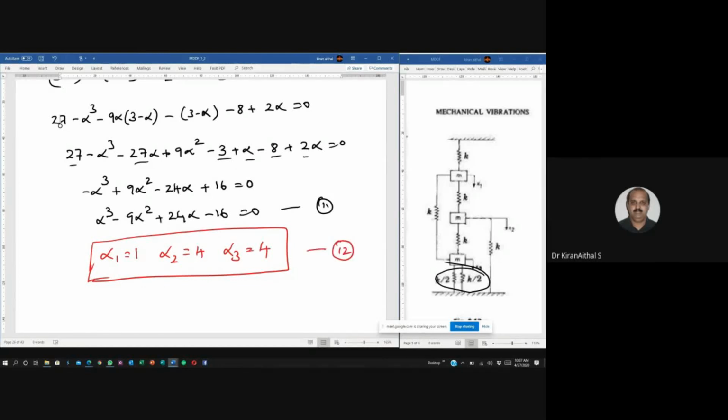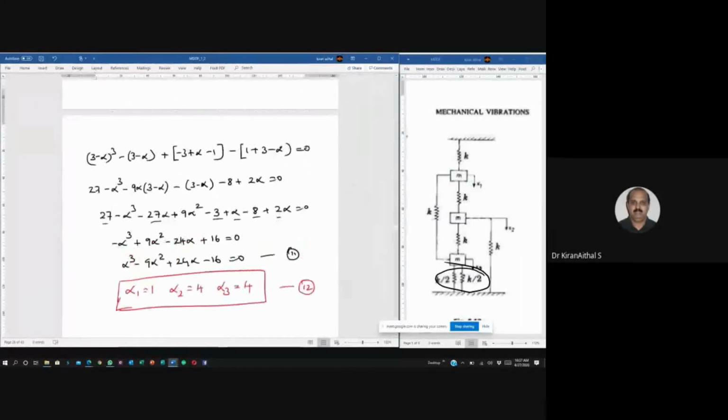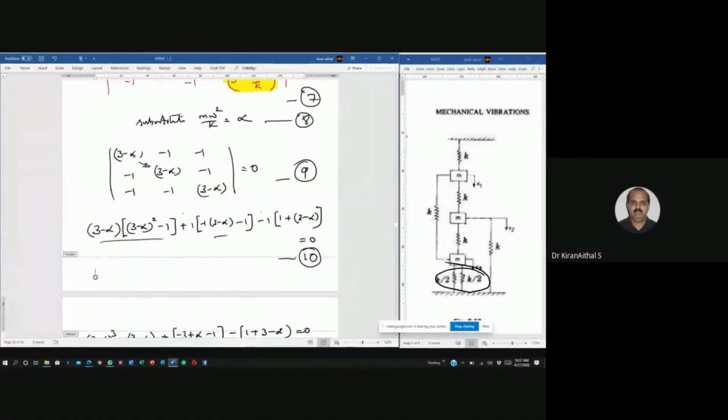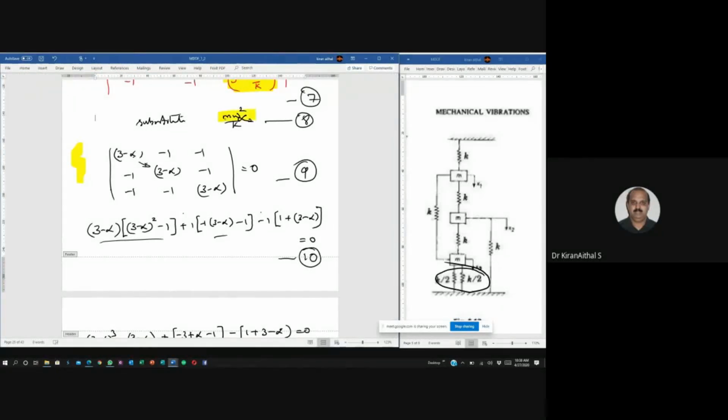The beauty of this one, now you will come to know. Why I have taken k outside. Let's go back. What is this?